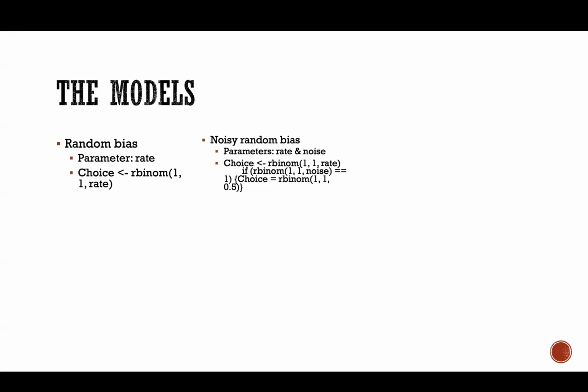We've seen the noisy random bias, which is exactly as before, except that we also sample from a binomial distribution of noise. And if we get lucky and this is a noise trial, the choice is sampled from a binomial distribution with a rate of 0.5. So it's completely random.